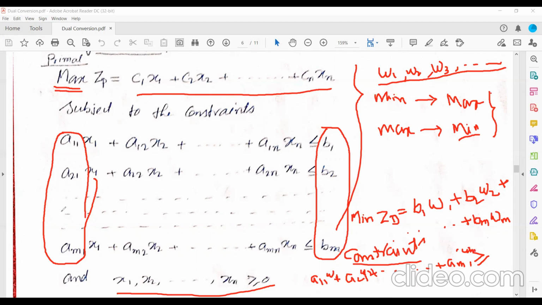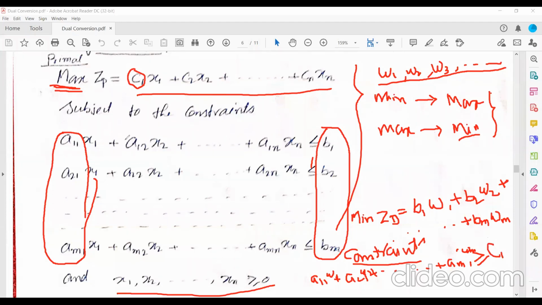So using this column, we write the constraint. Since the primal problem is maximization, its inequality is less than, and since you have converted it to the dual, the problem becomes minimization and all the inequalities become greater than or equal to. One by one you need to take them, and this first one will be greater than or equal to C1.